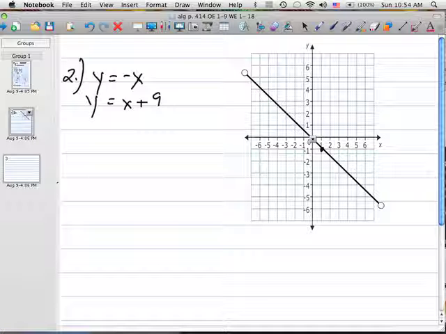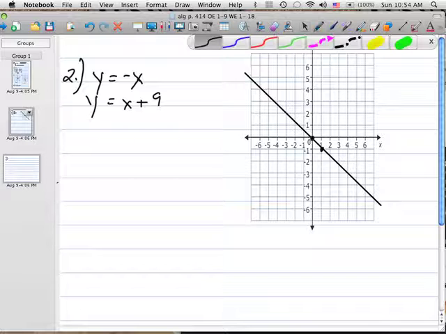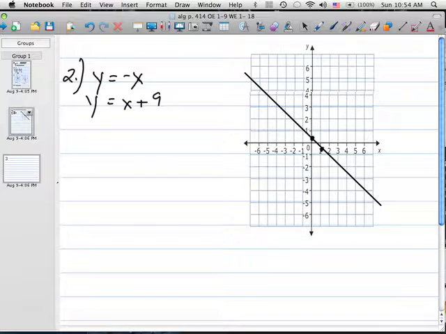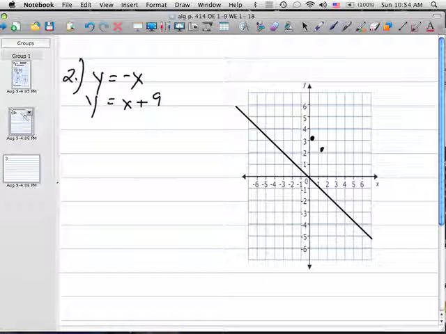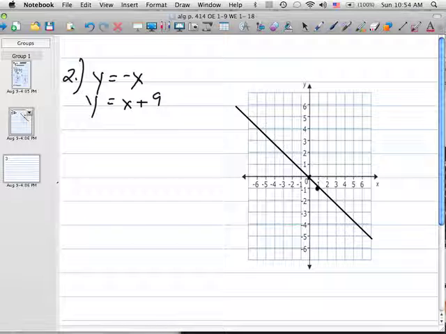And the second one has an intercept of 0, 9. So here I'm going to have to guess 0, 9. So here's 6, 7, 8, 9.